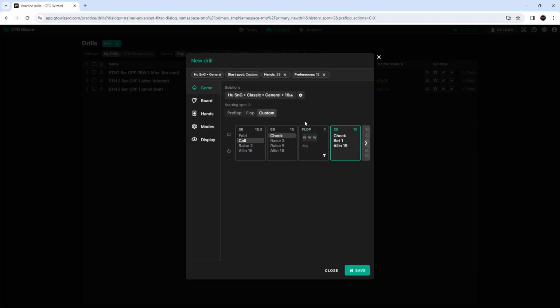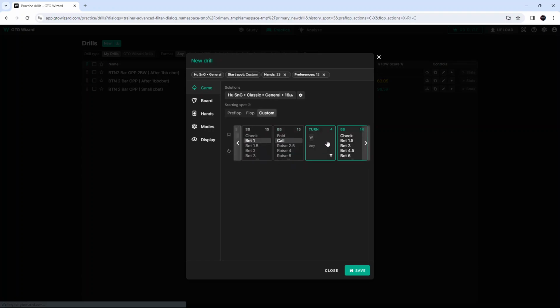Are we bothered about the flop? Not really. To test what we wanted to test, it can be pretty much any flop. We want the big blind to check, and we wanted a C bet and a call. And then we wanted a random turn, right? And we wanted to see if we could nail the turn 2 barrel sizings when it did bet. Okay, so this is going to give us this opportunity as long as we put the big blind to check, and it's going to give us our barrel opportunity.